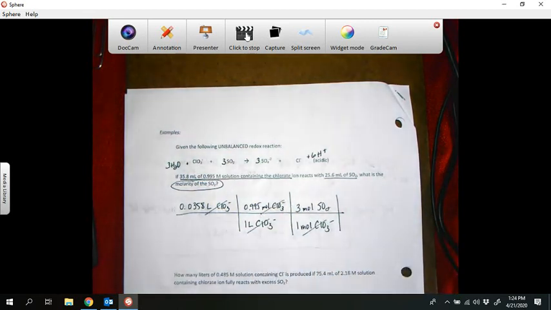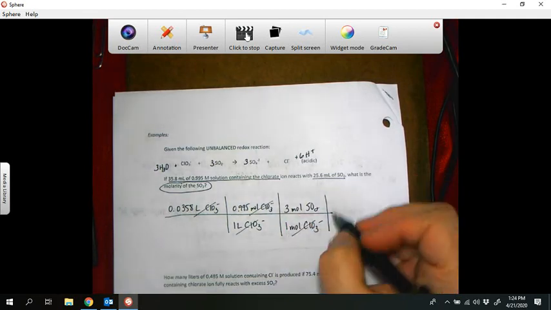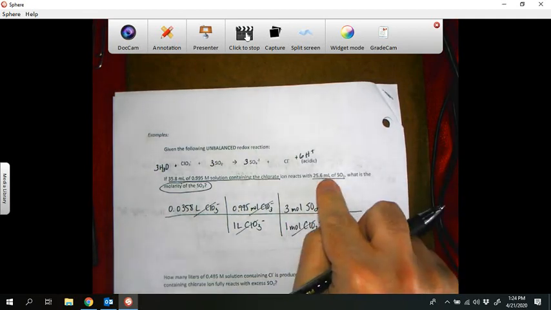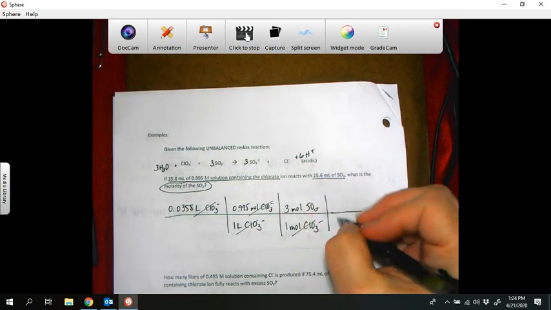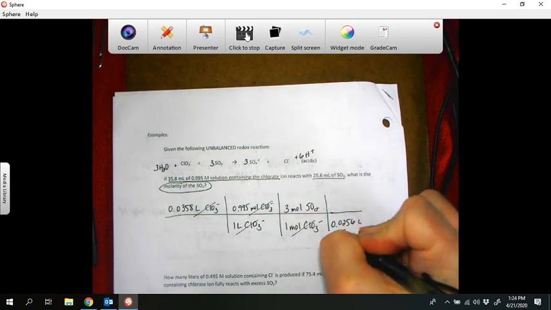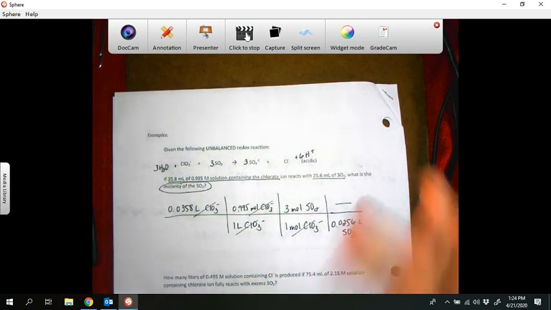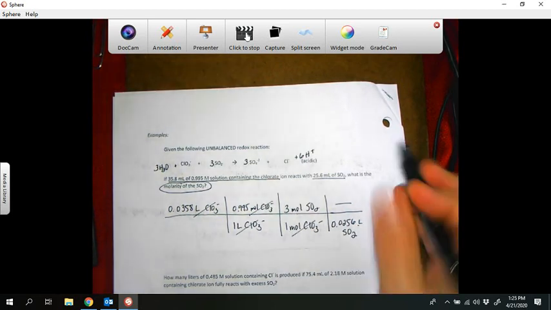We want molarity of SO2. Remember, molarity is moles over liters. We have moles of SO2, so our last thing is we're given how many milliliters, which we can convert into liters. We're going to put that in the bottom. I'm not going to put anything up there because our units left will be moles over liters, which is molarity.